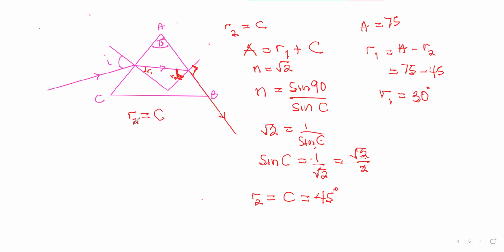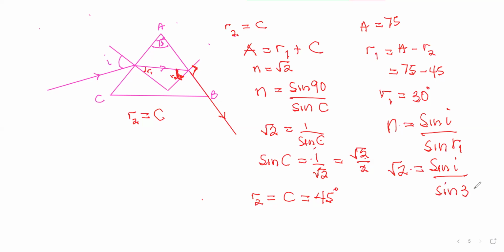Yes, please. Okay. So once you have R1, you can use refractive index is equal to sine of I over sine of R1 to find I. So root 2 is equal to sine of I over sine of R1, which is 30.